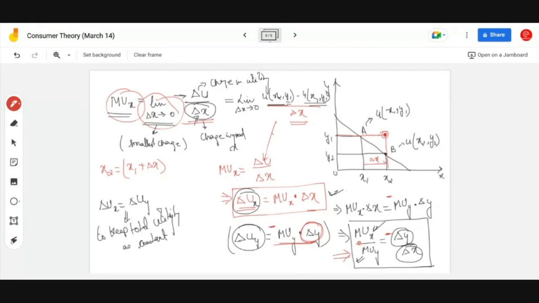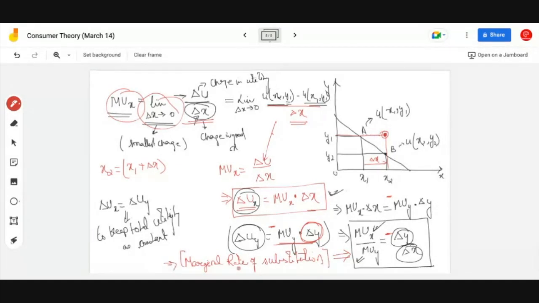And this MUX upon MUY is known as marginal rate of substitution.